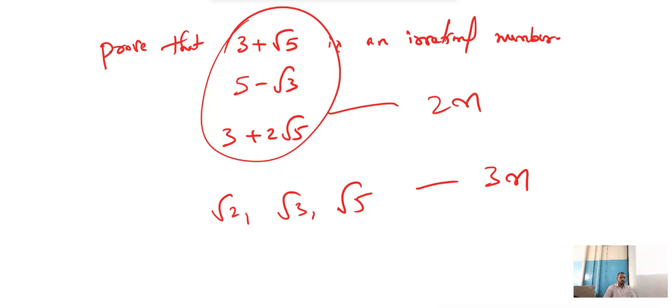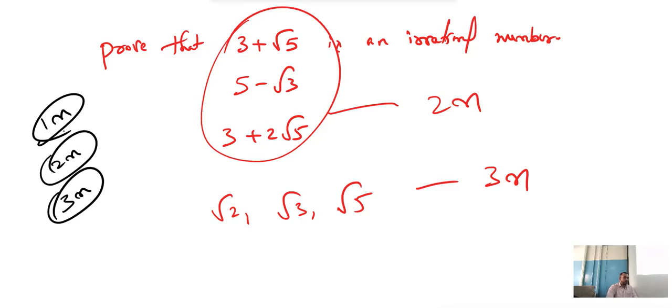So these are the questions you can expect from the chapter real numbers. In real numbers, we have tried 1 mark questions, which I have already shown. We have tried all 2 mark types of questions, and also 3 mark questions. For 3 marks, there are only 2 types of questions.